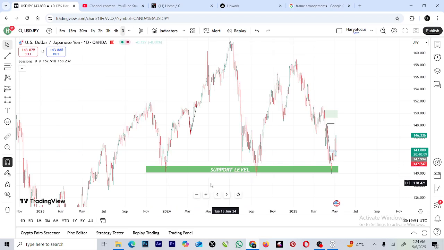So these are support level. Leg one, leg two, leg three.